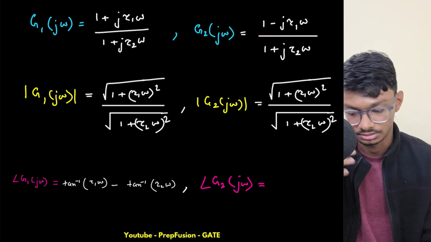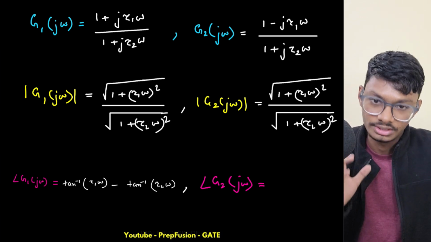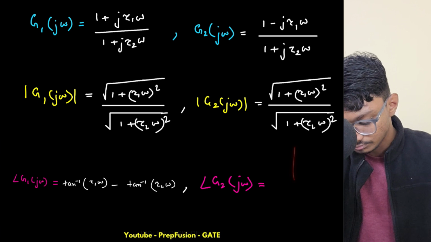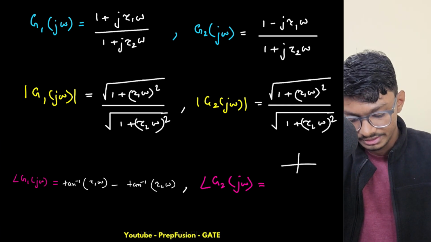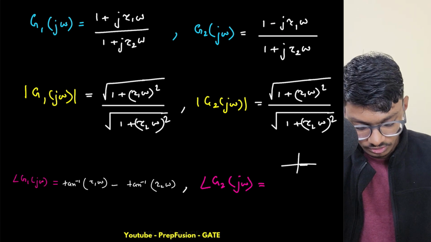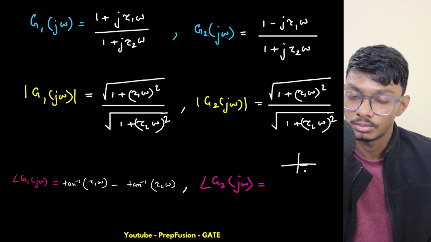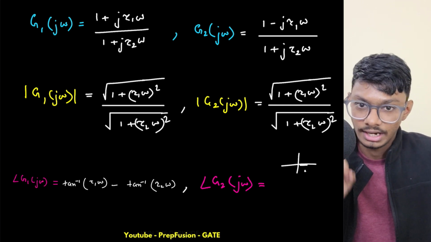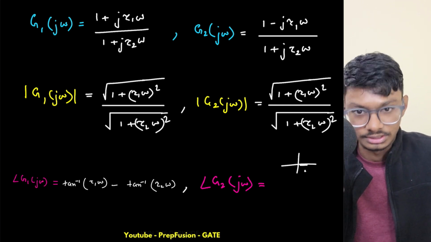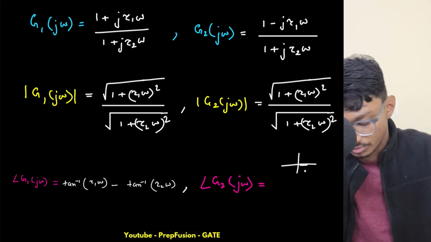This angle condition, right, angle concepts will always come up, so be crisp with those concepts. So here y is negative and x is positive, so I'm lying in the fourth quadrant. So what will my angle be? The angle will be minus tan inverse omega tau, right? Minus tan inverse omega tau.